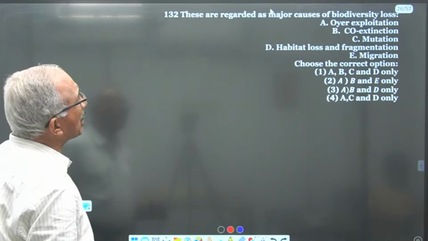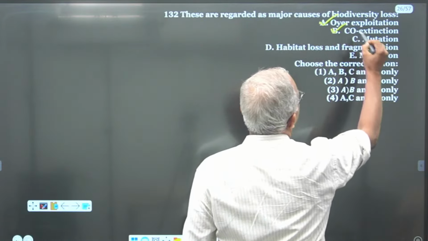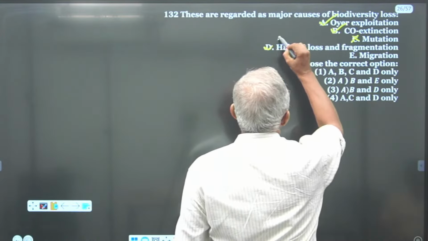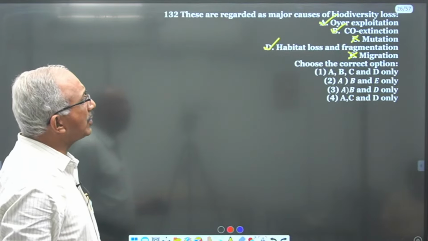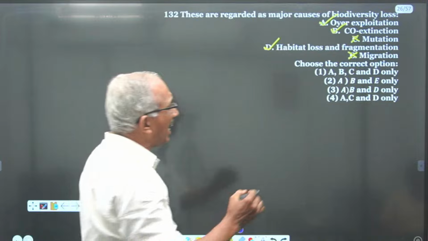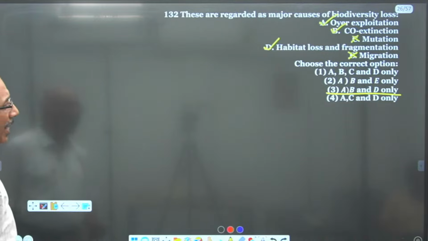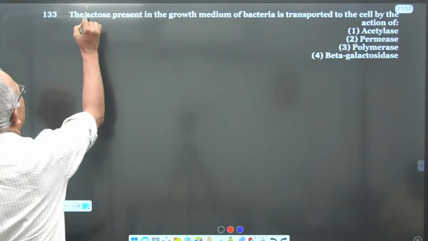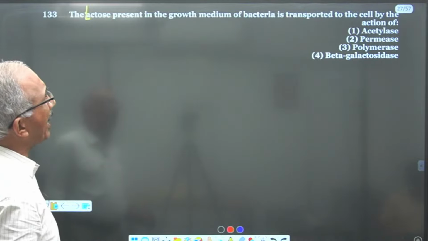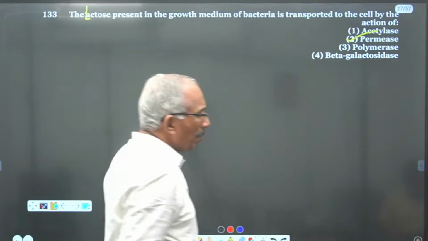This is regarded as major cause of biodiversity loss. A is correct. B is correct. Mutation is not related. D is correct. E, migration is not related to biodiversity loss. Answer is option 3, A, B, D are correct. Next, the lactose present in the growth medium of bacteria is transported to the cell by the enzyme permease.